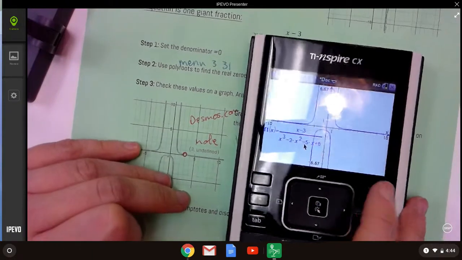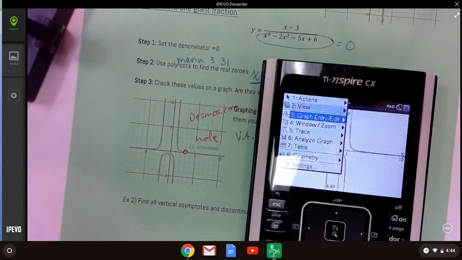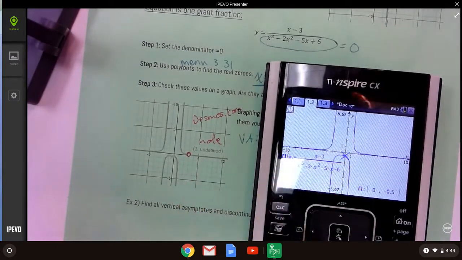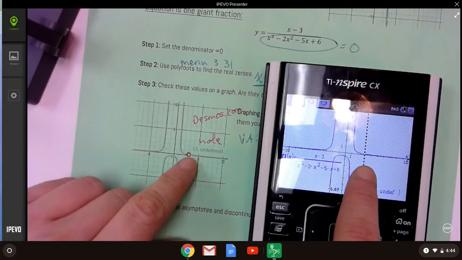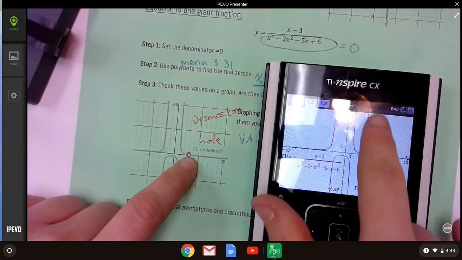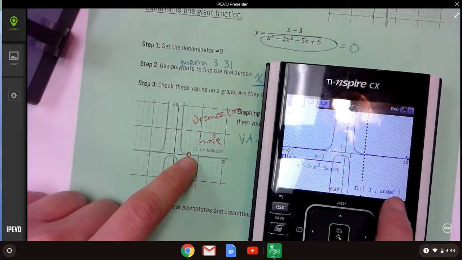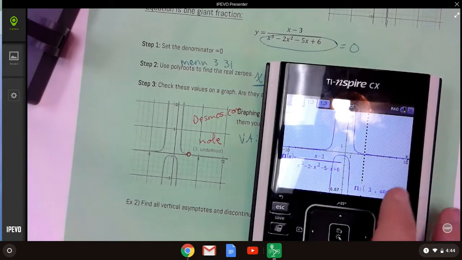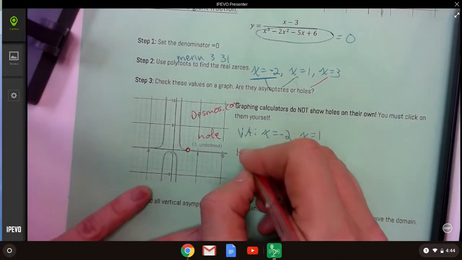So on the calculator, go to menu, trace, graph trace, and then just type in 3 and press enter. And it won't show you a cute little circle like that, but it does show you this line where it's trying to find the point for you and it can't because it's undefined. So that undefined when there's no asymptote is a hole. So that's that.